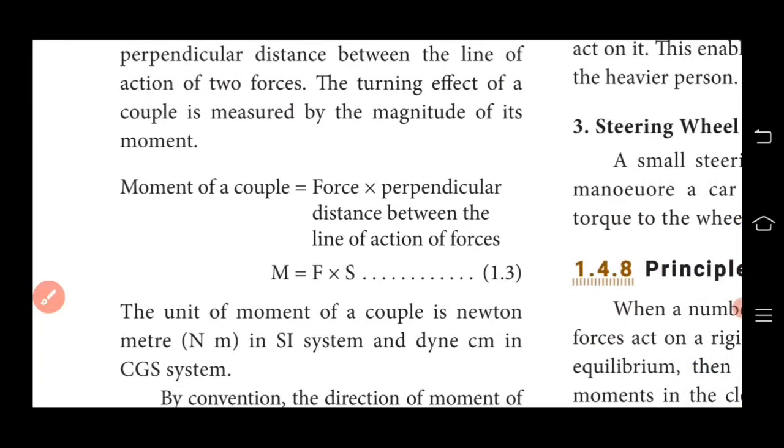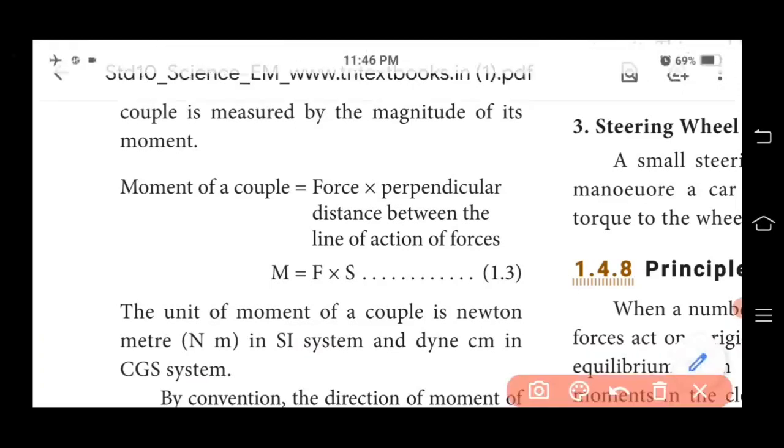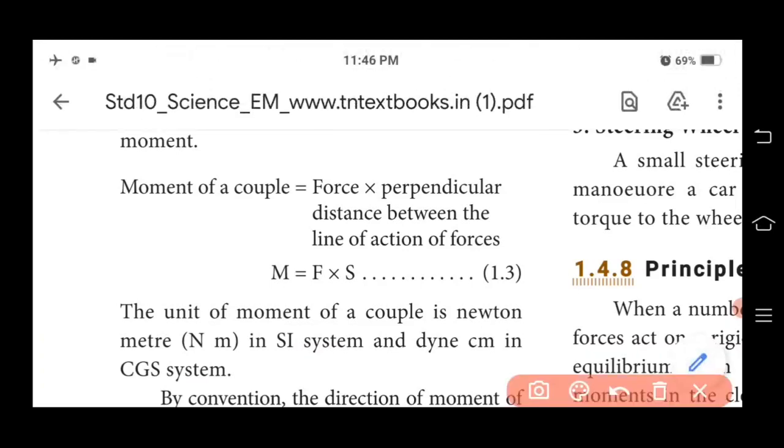Moment of a couple equals force into perpendicular distance, so M equals F into S. The unit of moment of couple is Newton meter, capital N small m, in the SI system and dyne centimeter in the CGS system. Very important one mark question.